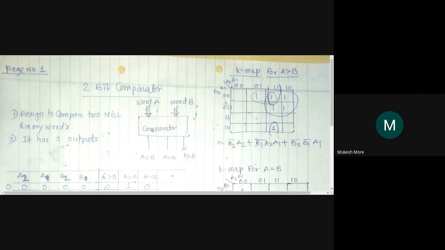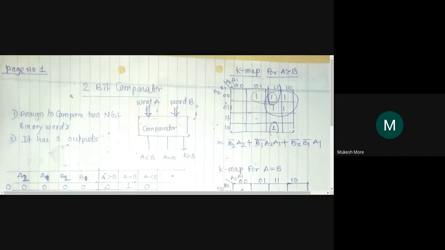The first output is A equal to B. So if word A is equal to word B, then we get the output at A equal to B. The second output is A greater than B. The third output is A less than B.